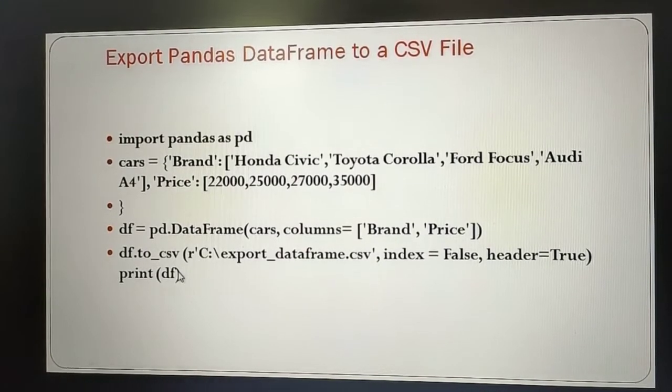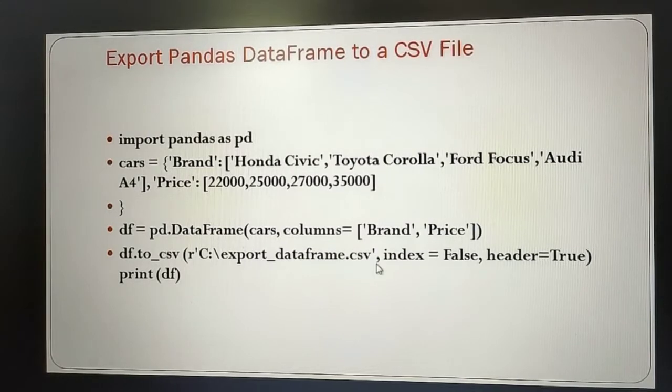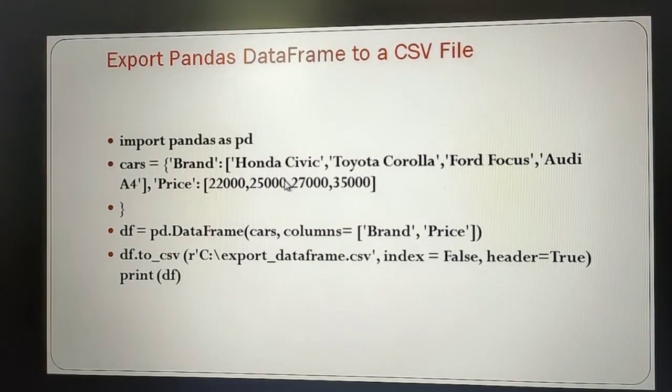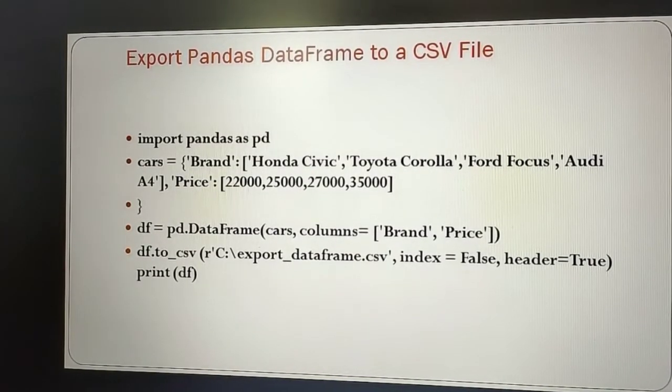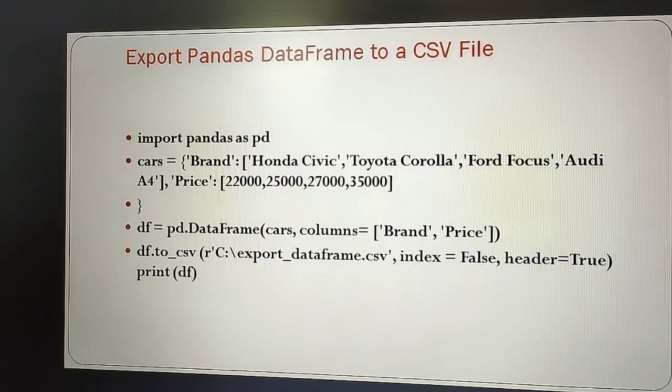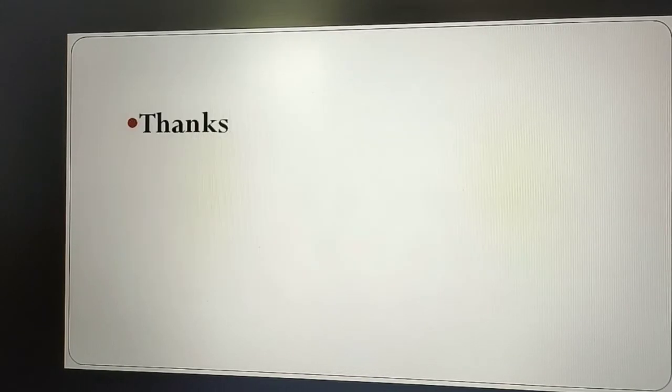After exporting that data, we get export dataframe.csv, and the file name is changed here. You can try this, and I am also uploading this video on my blog, and you can easily download it from that blog and use it.